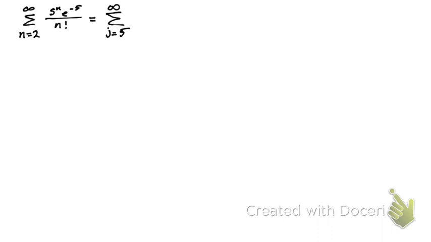So there's one way to look at it. One way to look at it is I'm increasing my index by 3, which means I need to decrease my other side by 3. It's n minus 3 in every place that we have an n. Another way to look at it is that to get j equals 5, we're starting out with n equals 2.